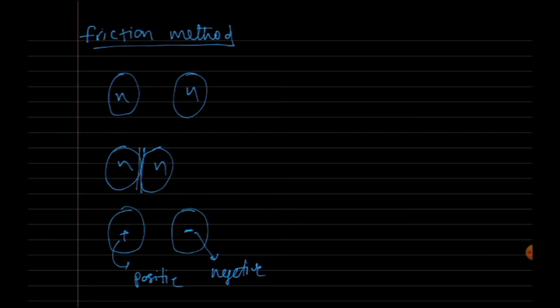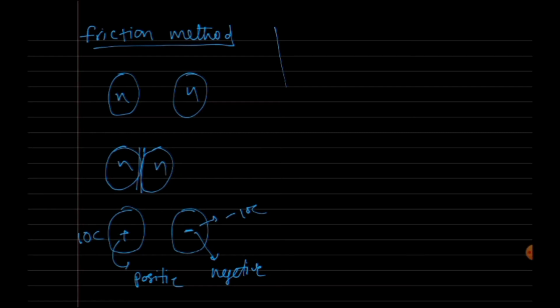Let's say if this object attains 10 coulombs of charge, this body will attain minus 10 coulombs of charge. So by using the friction method, we can produce charges on two different objects, with opposite kinds of charges. This is how the friction method helps to produce the charges.